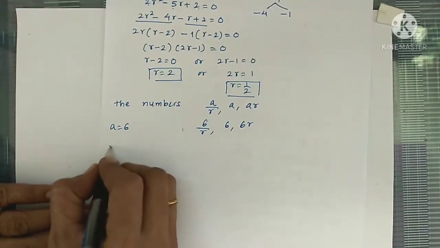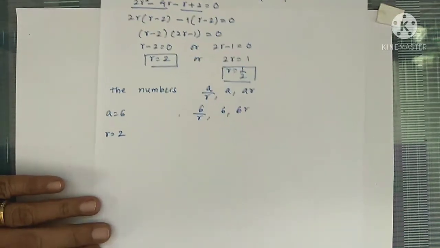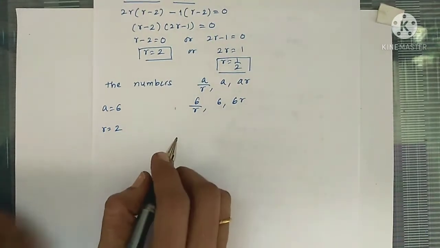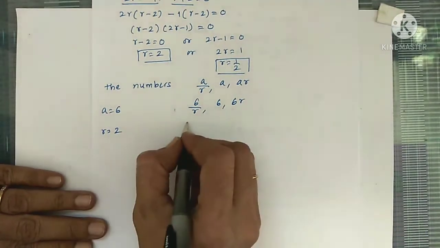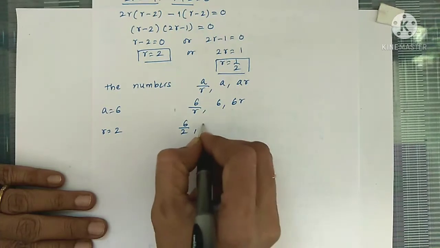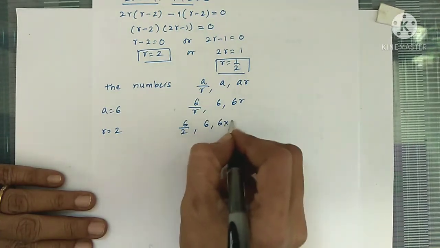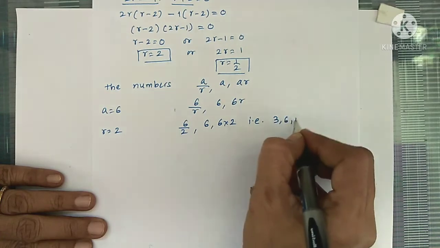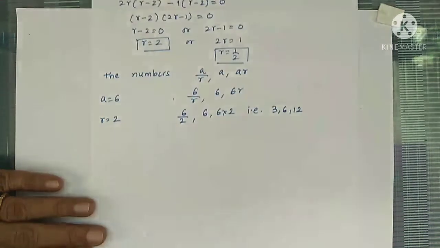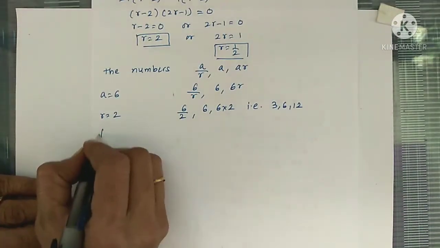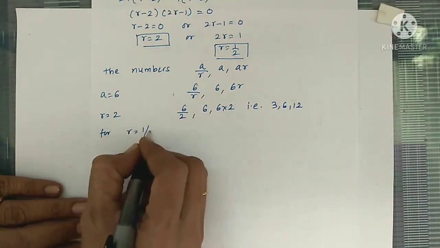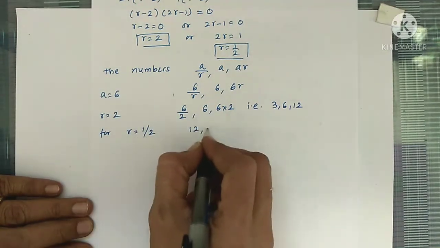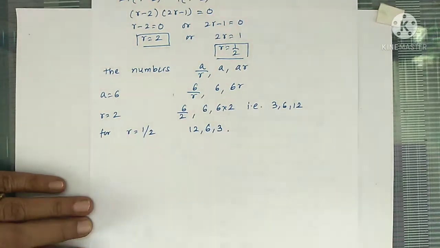Now let's put r equal to 2. So putting r equal to 2, we get 3, 6, and here it is 6 into 2, so that is 12. So the numbers are 3, 6 and 12. And for r equal to 1 by 2, we have the same numbers but in reverse order.